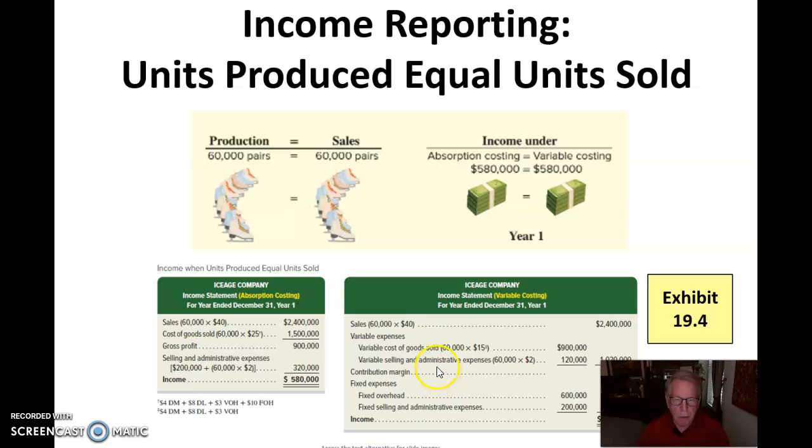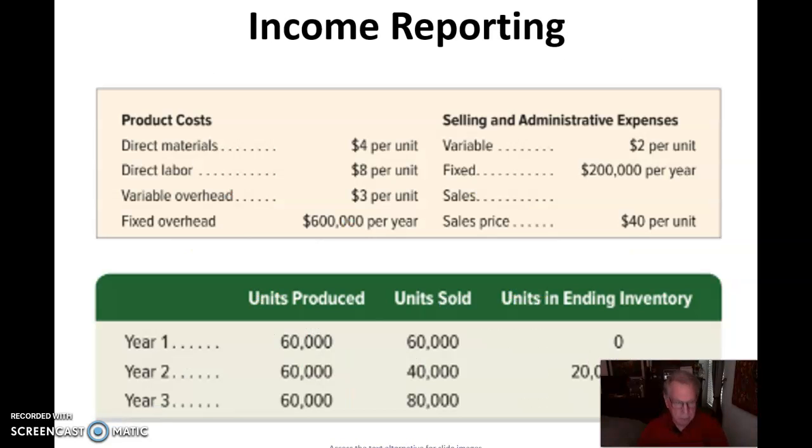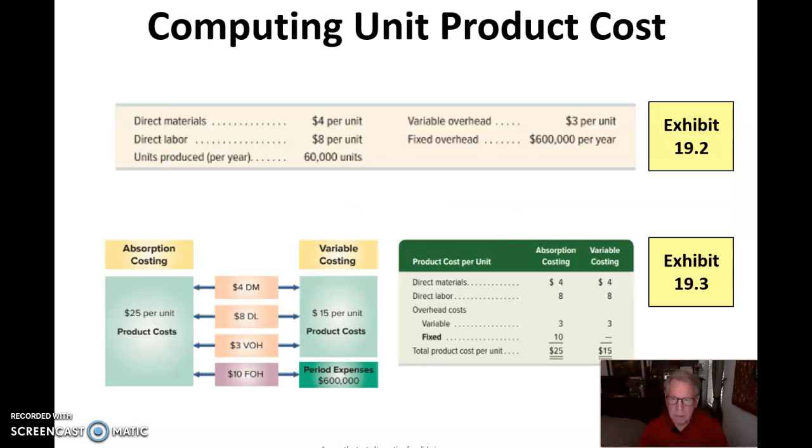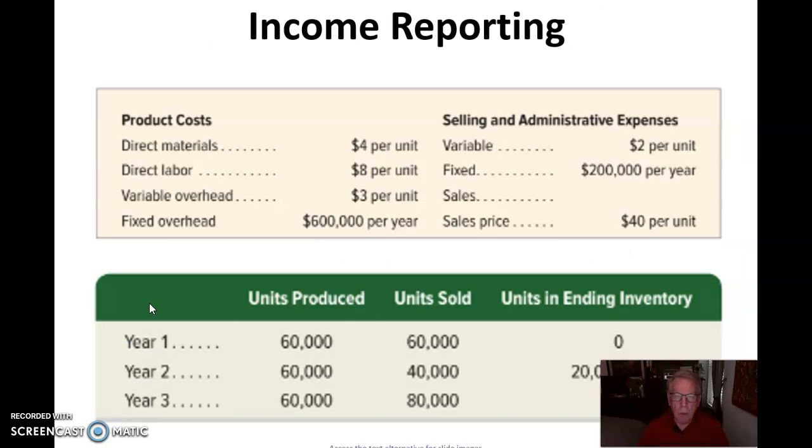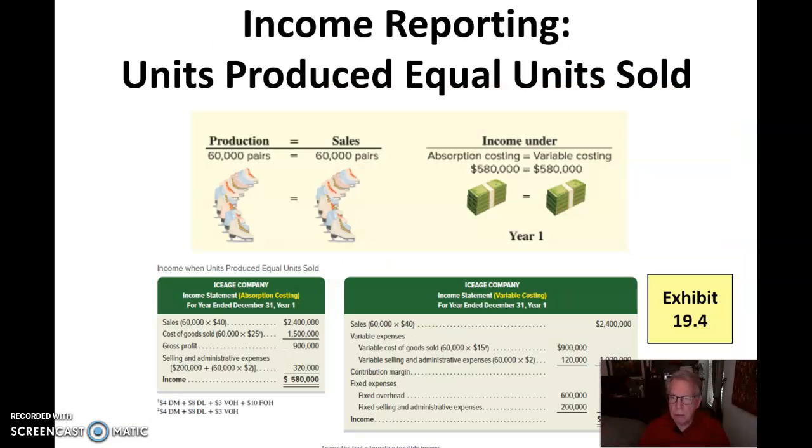Variable expenses, though, are different. Well, let's go through absorption costing first. We'll take the cost of goods sold and multiply it times that $25 per unit that we got back here. Now, what we're going to do is multiply that through by the number of units that we produced.